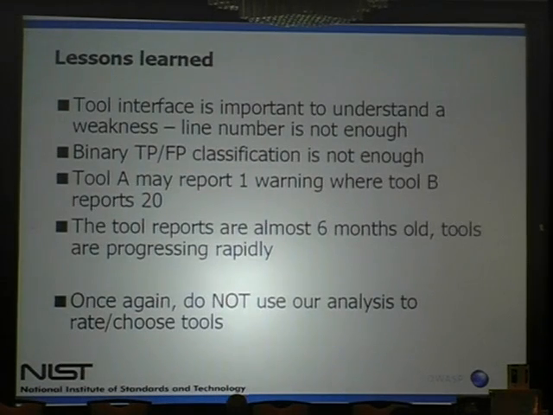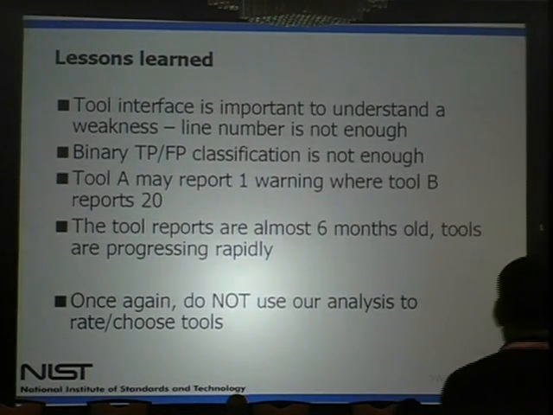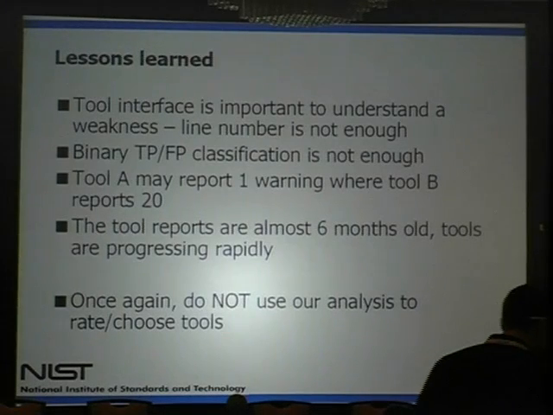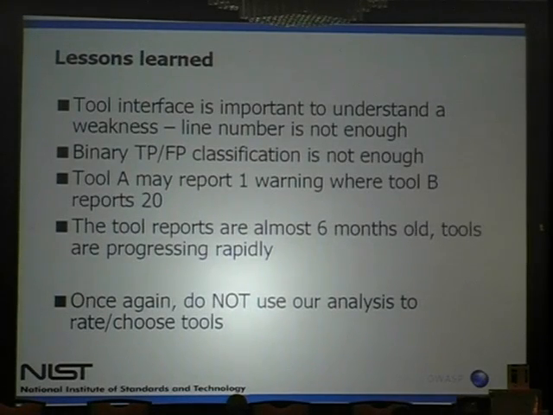We also learned that the simple binary true-false classification is not enough in many cases. It's interesting that this may somewhat be affected by the perspective, and there needs to be a category, at least for the true but don't care type of cases.